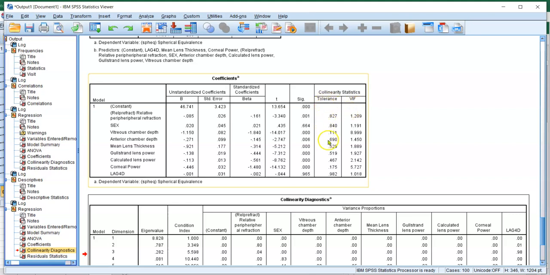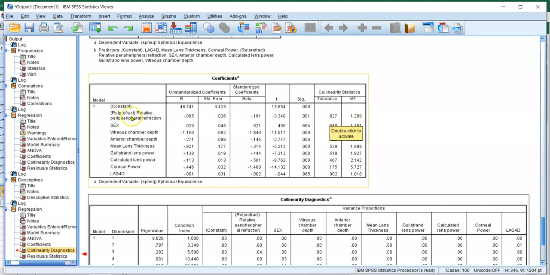Now the tolerance, we want to see values greater than usually 0.3, because this means that relative peripheral refraction accounted for 83% of the variance of it.